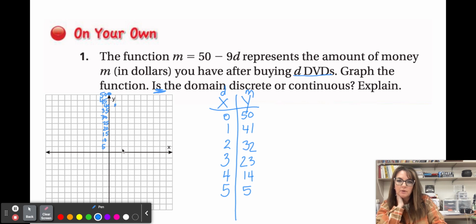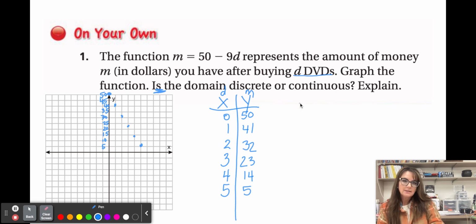Okay, and then 2 and 32, somewhere above there. 3 and 23, okay, and 4 and 14, below that, and 5 and 5. Okay, so here is our graph, and I could label the ordered pairs.